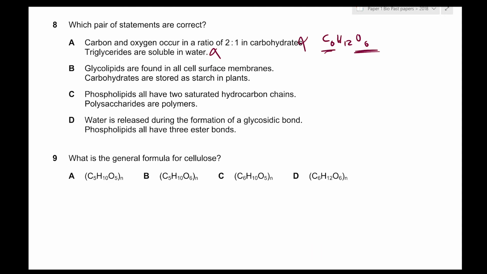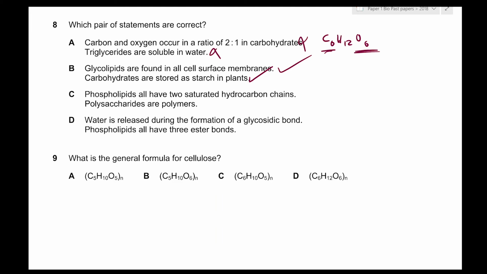Now for B, glycolipids are found in all cell surface membranes. This is correct because glycolipids act as cell recognition molecules as antigens. Therefore, all cell membranes, to make the cell distinguishable, must have glycolipids or antigens on them. Therefore, this is correct. Now, carbohydrates are stored as starch in plants. Yes, starch is the storage polysaccharide found in all plants.